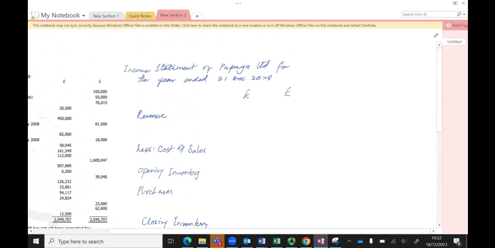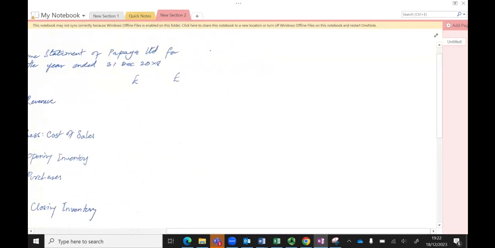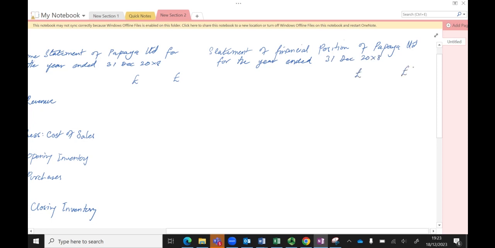Okay, now I will draw the format of the statement of financial position of Papaya Limited for the year ended 31st of December 2008. Starting with non-current assets.